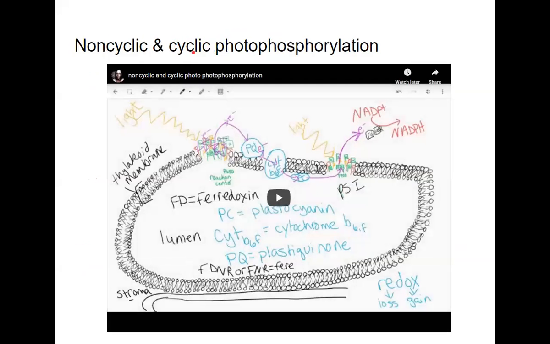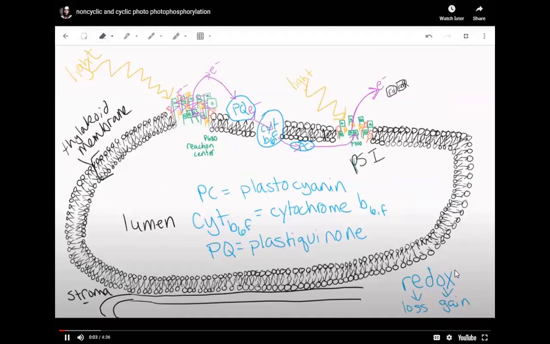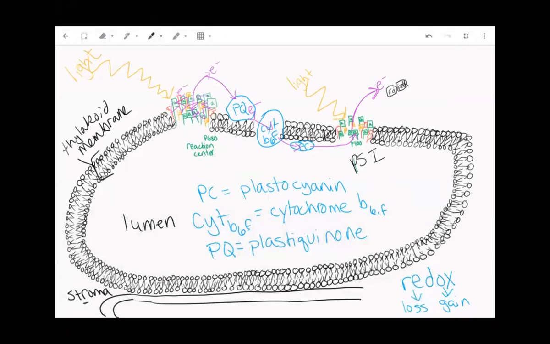Okay, so I'm going to draw all of that happening for us. All right, so now we are going to look at the electron that we just boosted, and it's going to have one of two fates. It could either be picked up by ferredoxin and passed to flavoprotein ferredoxin NADP plus reductase, to be picked up by our final electron acceptor, NADP plus.